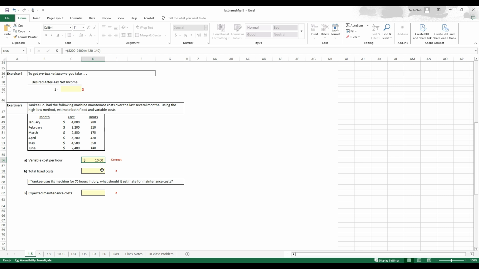And then to figure out our total fixed cost, we can come back using our $10 per hour. And let's use our high volume month. So we'll say $10 times the 420. So that gives us 4,200 in variable cost. And then if we look at the total cost, we can see it was 5,200. We've got 4,200.